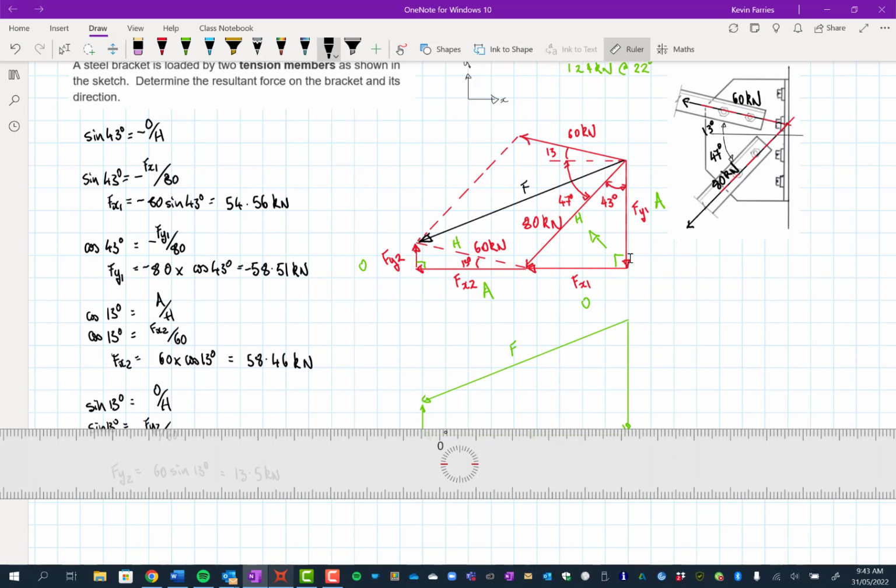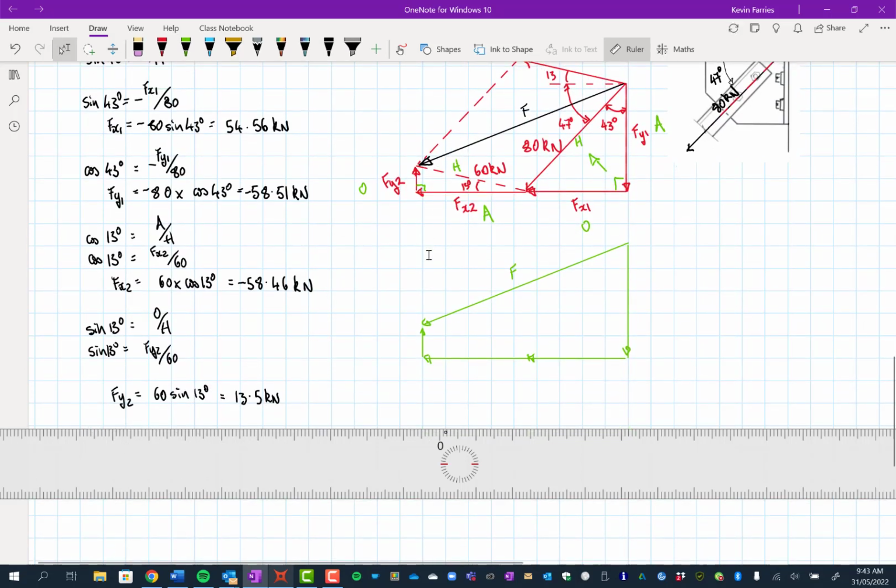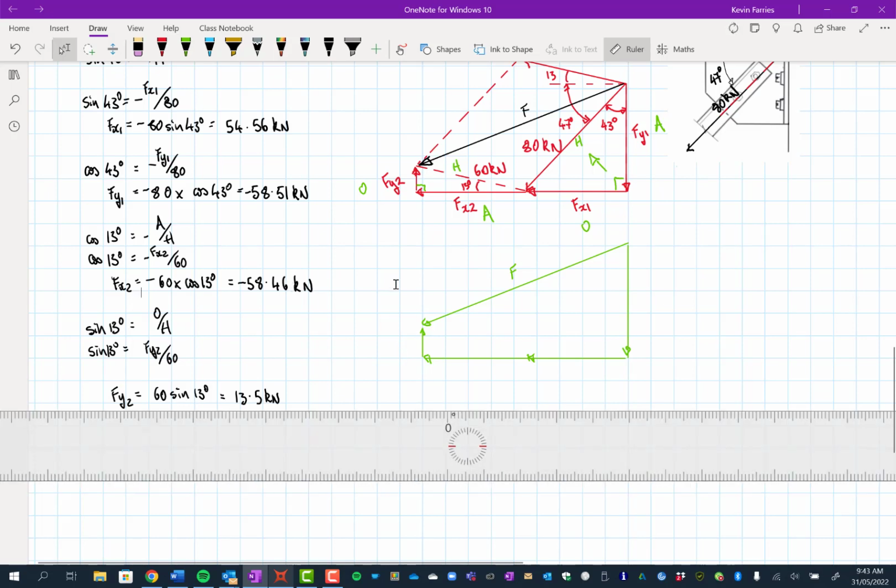Negative, negative, negative. Yep, that's right. Fx2 is also negative, and then Fy2 is the only positive. So that just stays as is. We'll put the negatives down through here. Okay.